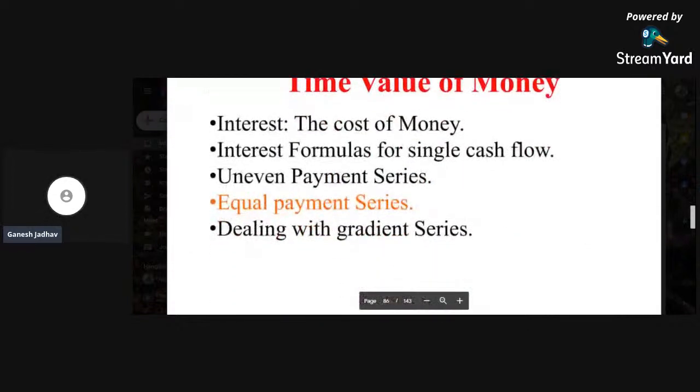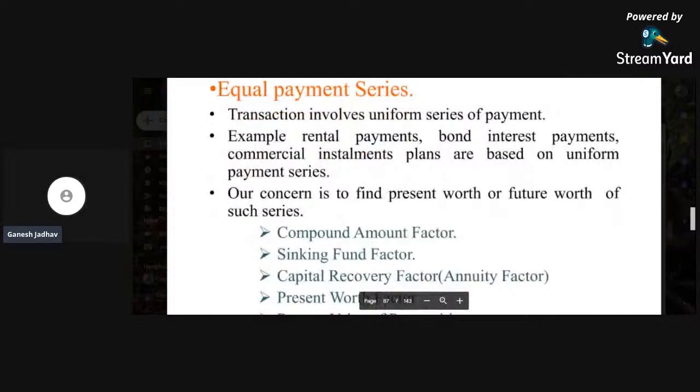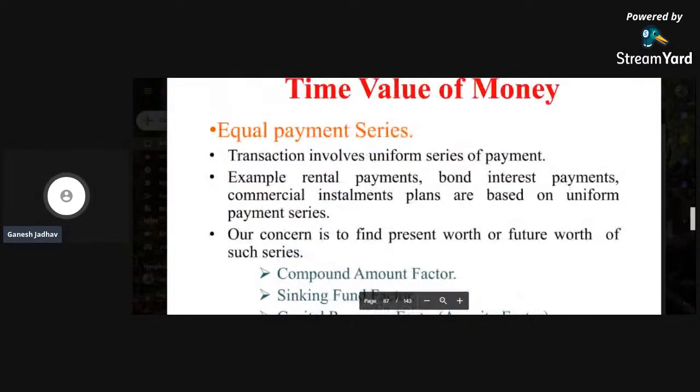Uneven payment series. Then we move toward the equal payment series. What is the equal payment series? In an equal payment series, the transaction involves a uniform series of payments.